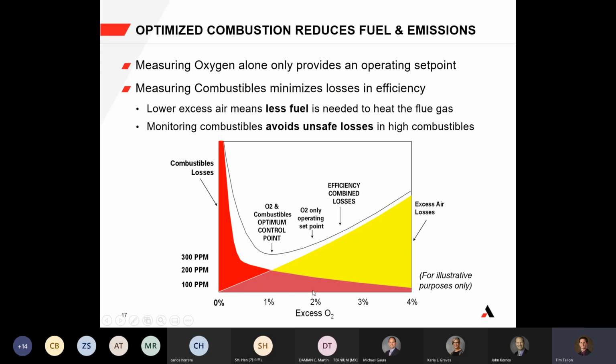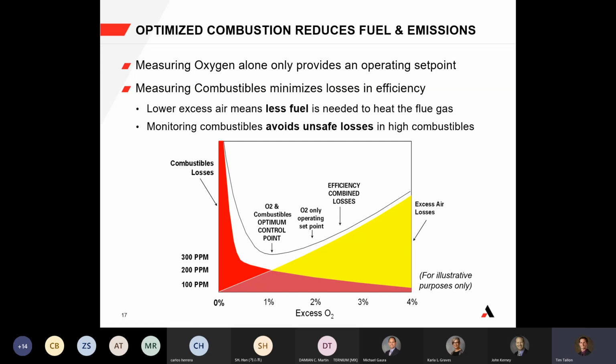So you may think to operate at 2% excess air in your flue gas. But in reality, if you had a combustibles measurement as well, you can monitor for combustibles breakthrough and find more of a sweet spot lower that requires less fuel and produces less emissions.